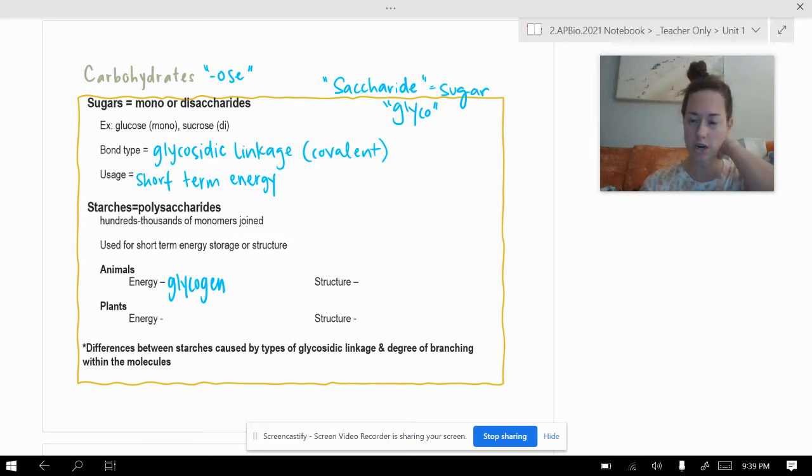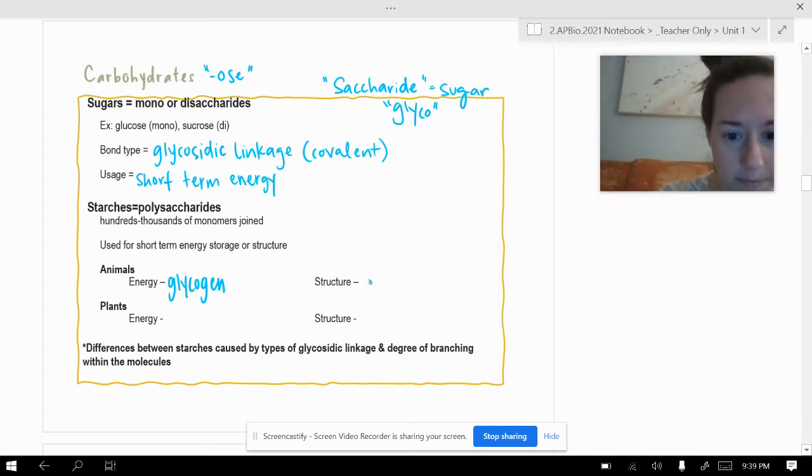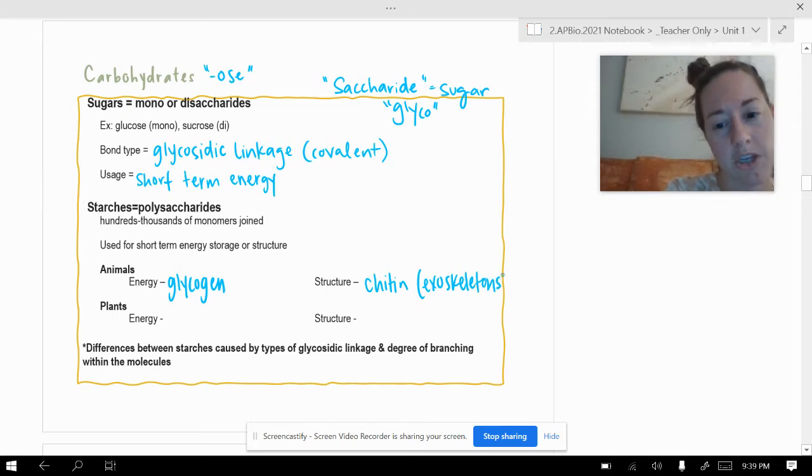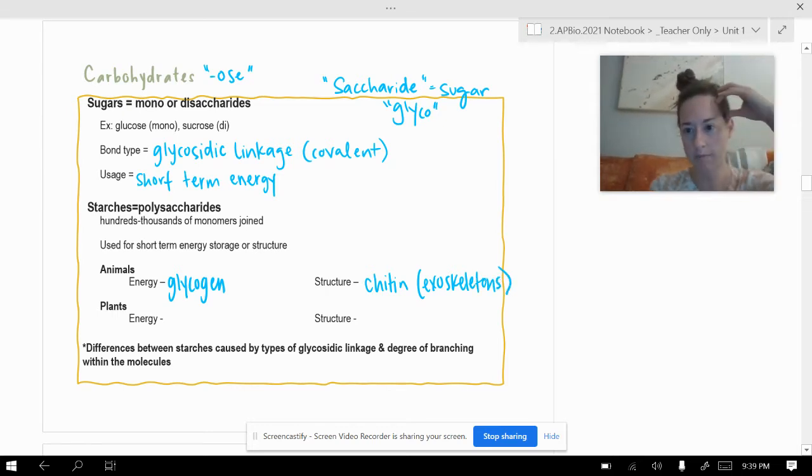For structure, we have another carbohydrate that humans don't use, but animals like crabs, lobsters, and insects use it, and it's called chitin. It's used for exoskeletons, and fungi use it too in their fruiting bodies, aka mushrooms.